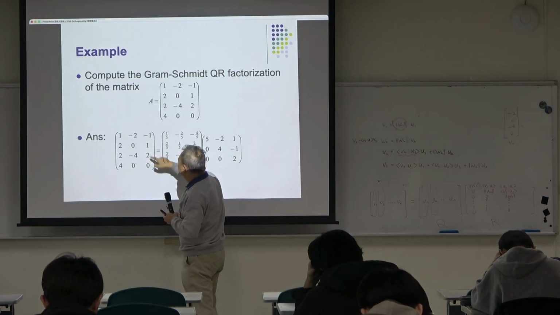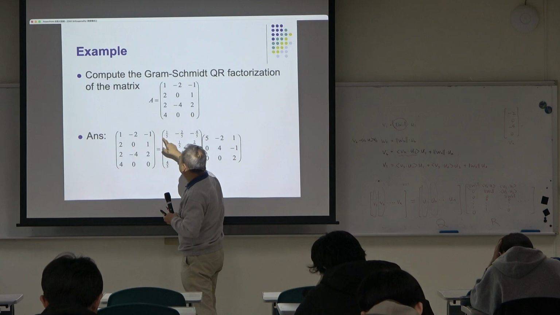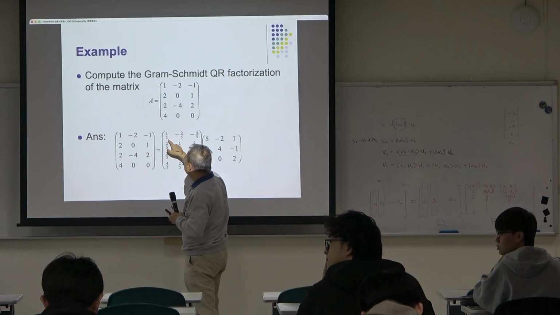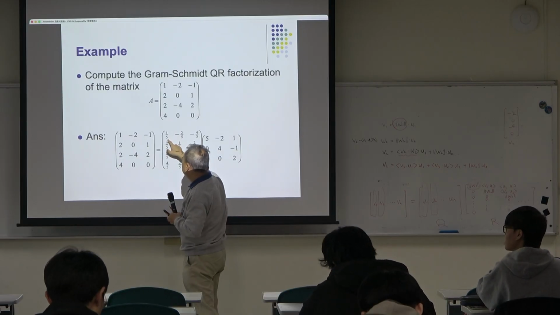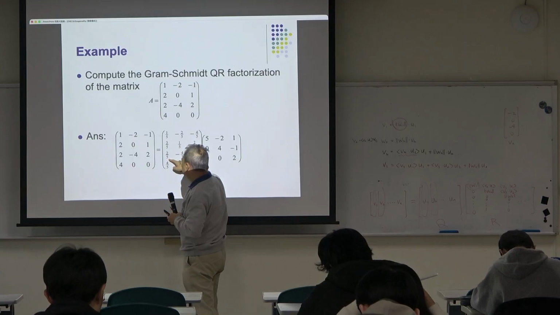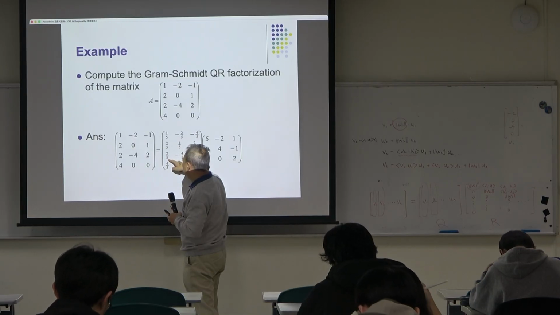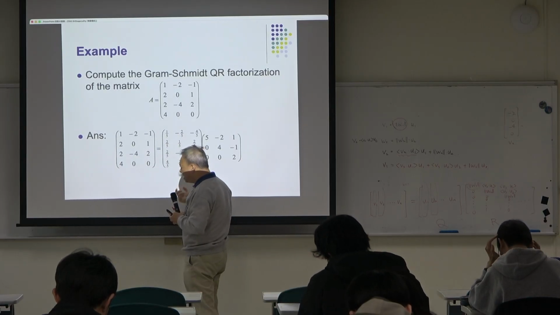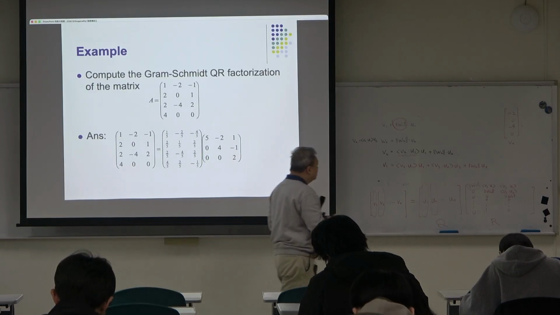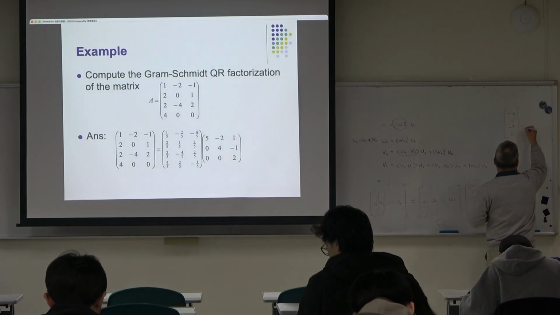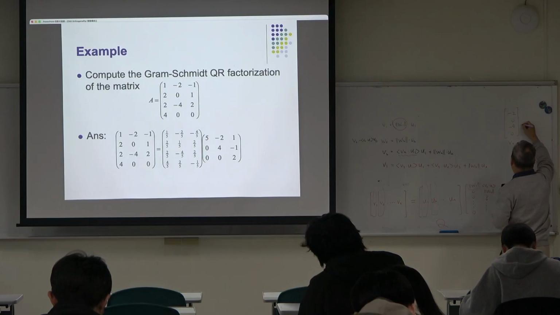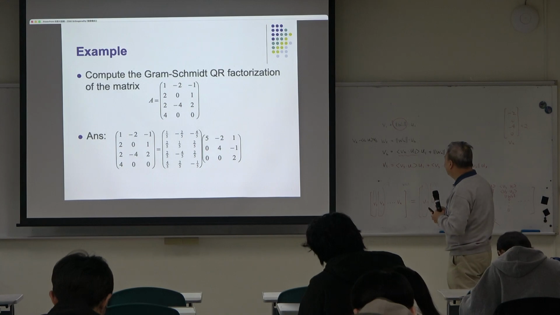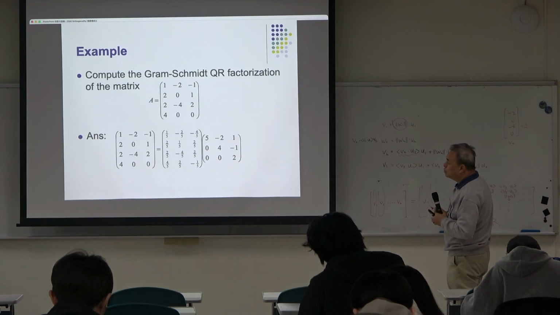The first one is 8 over 5, so it's negative 10 over 5, so it's negative 2. But it's negative 2, so it's positive. And then multiply by u1.